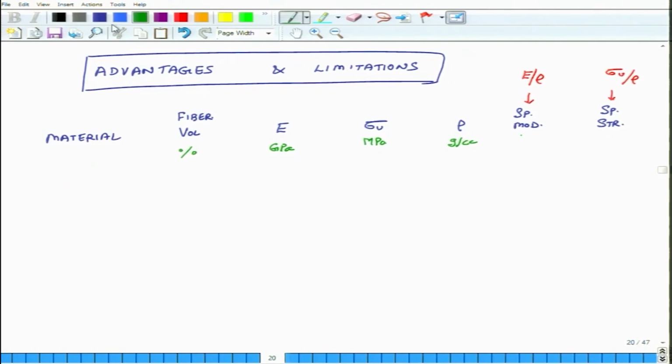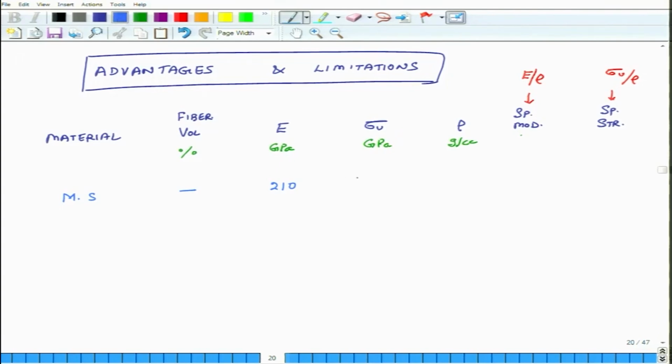So, let us look at some materials. The first material is mild steel, MS. Now, this is not having any fibers, so we are not going to worry about the fraction of fibers in the material. Its modulus is about 210 GPa. Its strength depends on what type of steel we are using. Just to be consistent, we will still have this as GPa.